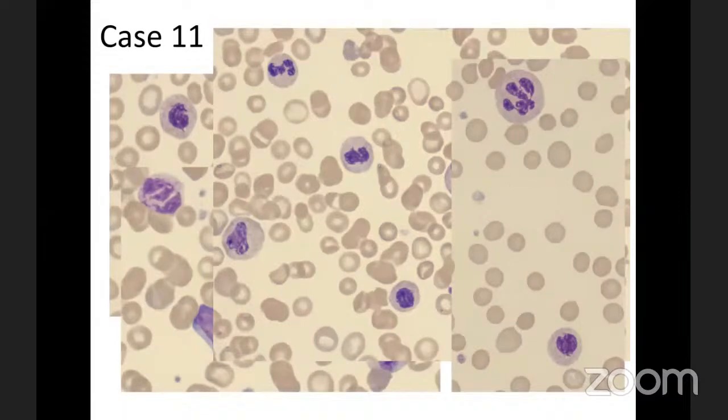You can tell that this is a dysplastic neutrophil by comparing the cytoplasm. They have the same cytoplasm, same granularity. However, the nucleus is abnormal. So definitely all of them show the same cytoplasmic granulation features and the nuclear chromatin pattern.